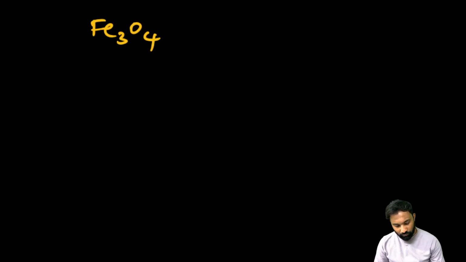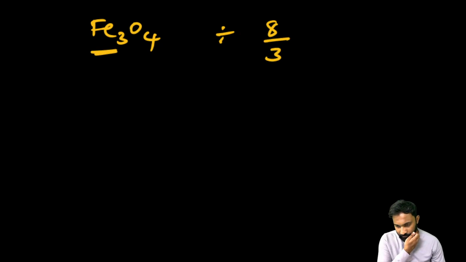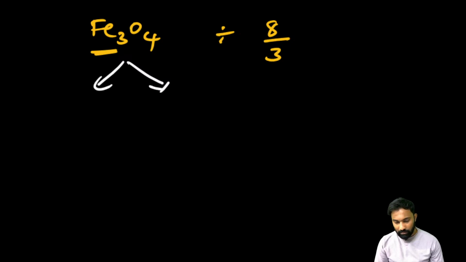Now next, suppose a mixed oxide Fe3O4 is given. In the question, if they ask for the sum of oxidation states or the average oxidation number, the average oxidation number of this compound is 8 by 3. But sometimes in the question they will ask how many oxidation states iron can exhibit in Fe3O4.